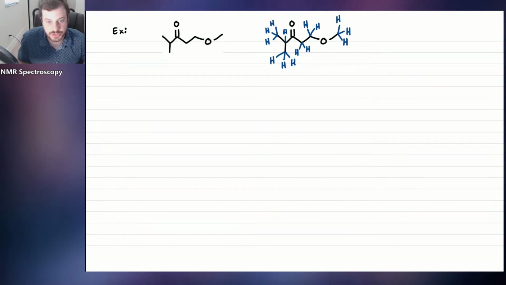All right, so I just drew in all the hydrogens. Now let's go ahead and group hydrogens that are the same, in other words, they're chemically equivalent, and give them the same color. So these 3 hydrogens over on the right are clearly in their own group, so I'll call them yellow. They're all equivalent. Methyl group hydrogens are always equivalent.